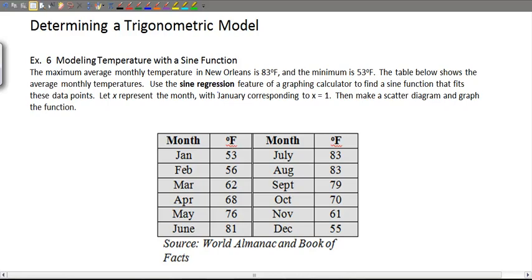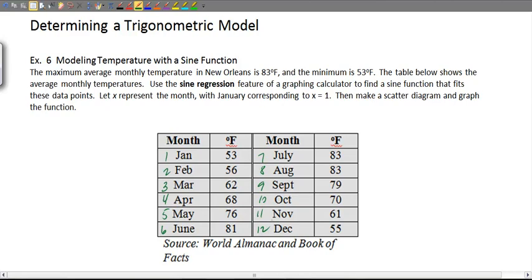So the first thing we need to recognize is we cannot put January, February, and so forth into our calculator, but instead we're going to let the months be represented on the x-axis, and each one would start at 1, 2, 3, all the way to 12. 4, 5, 6, 7, 8, 9, 10, 11, 12.